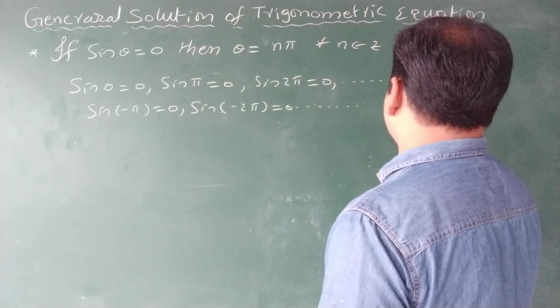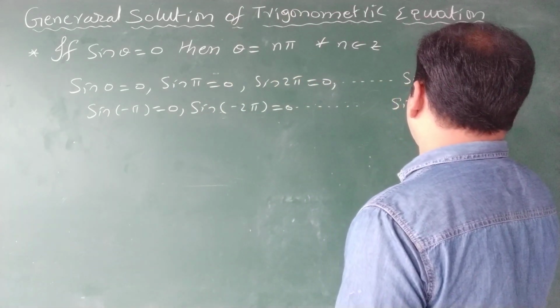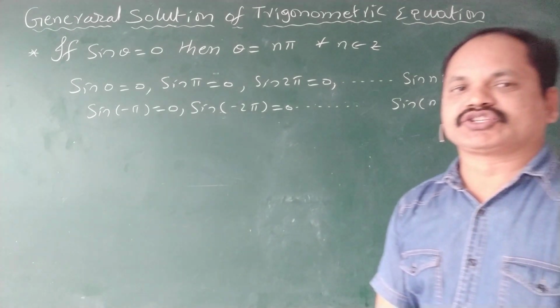That's why sine n pi is 0, where n belongs to Z.